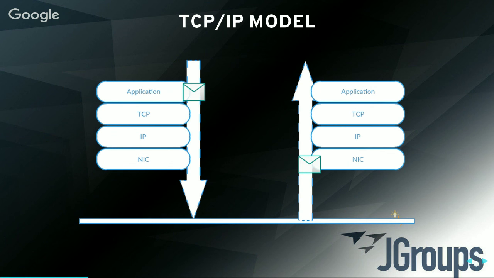Then the message is transferred somehow over the wire and picked up on the other side. Again, it is picked up by the NIC, IP kicks in, then TCP, and it is finally provided to the application.